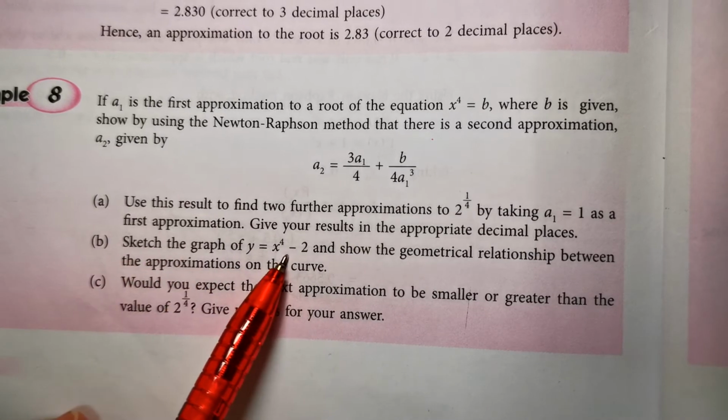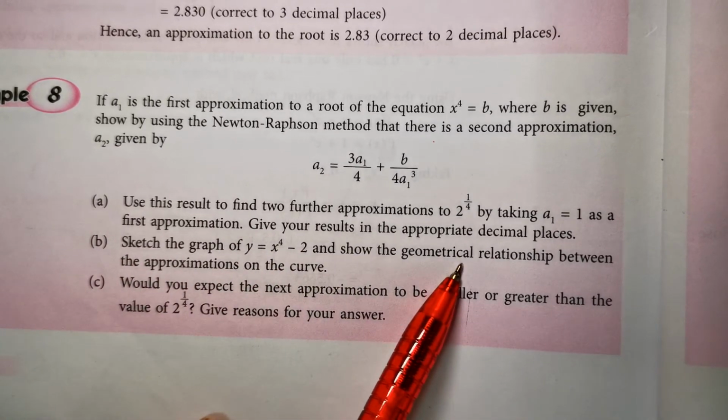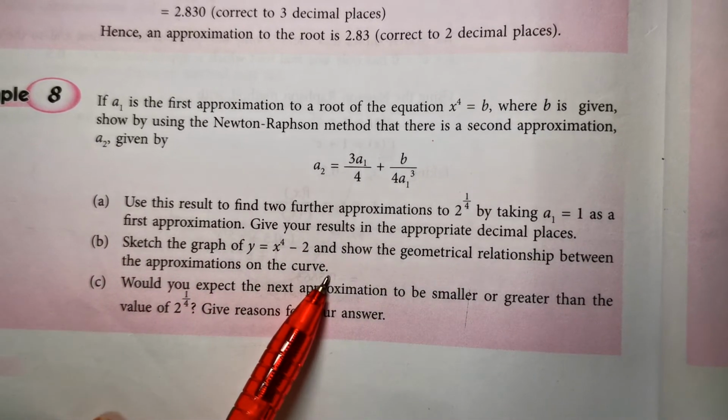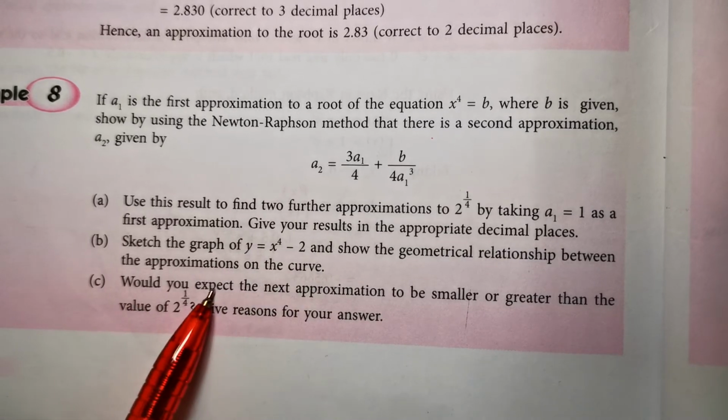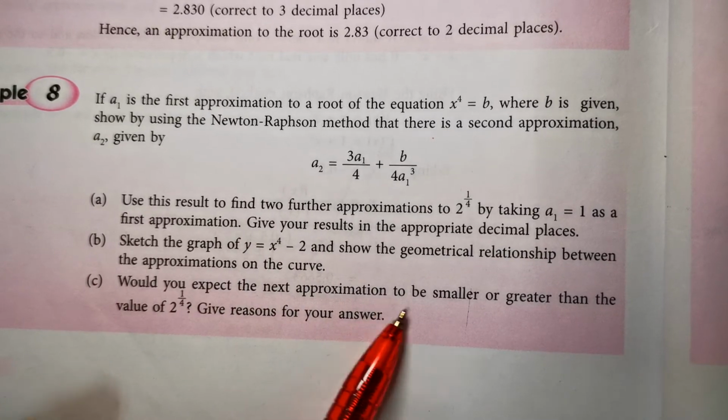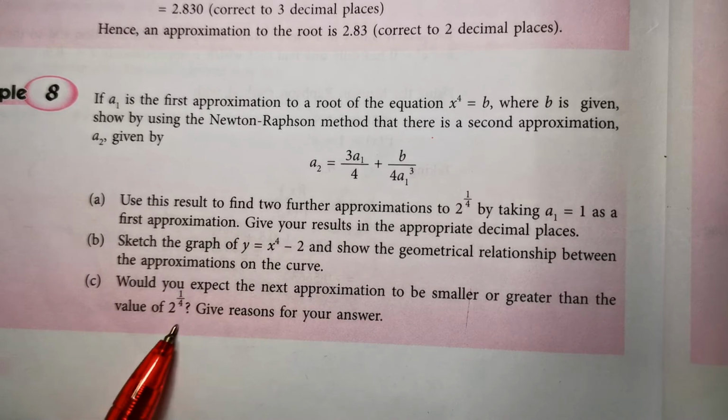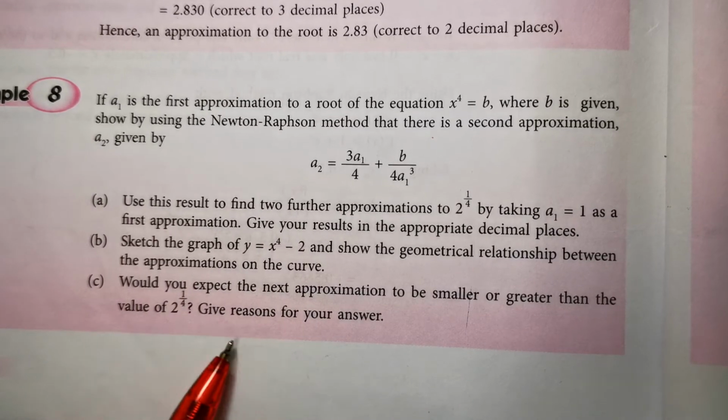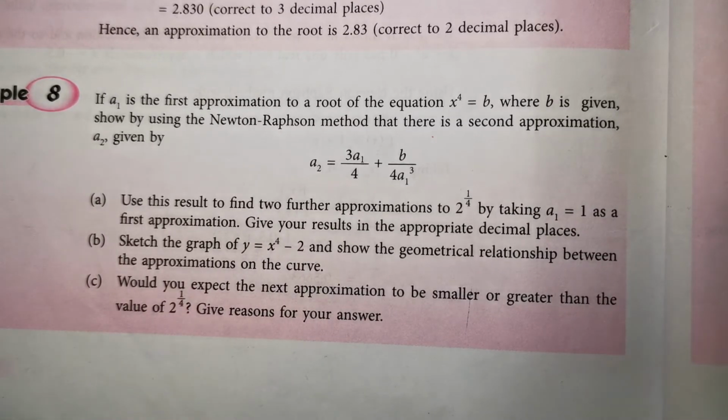Next, sketch the graph and show the geometric relation between the approximations on the curve. Would you expect the next approximation to be smaller or greater than the value of 2 to the power of 1 over 4? Give a reason for your answer.